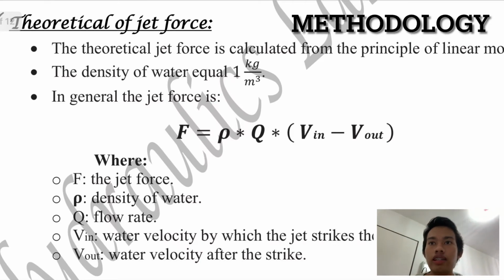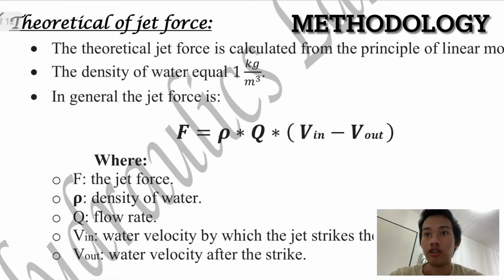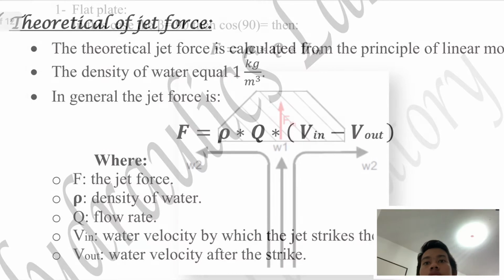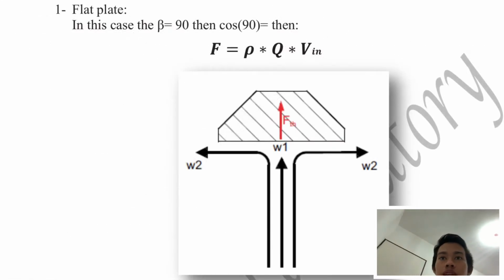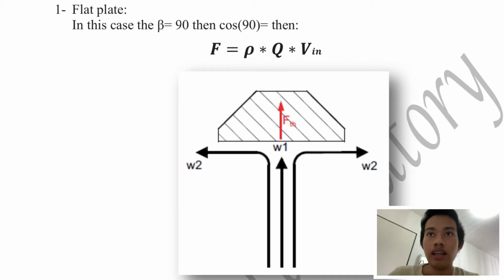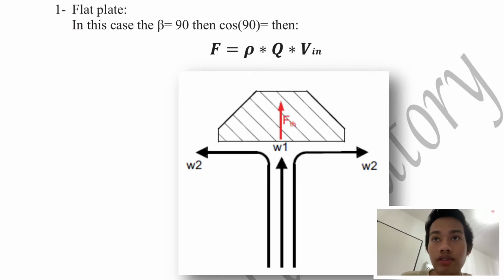The theoretical jet force is calculated from the principle of linear momentum, where I have included the formula on your screen. The density of water is equal to 1000 kg per cubic meter. In the case of a flat plate, the angle would be 90 degrees, and cos 90 equals 0.